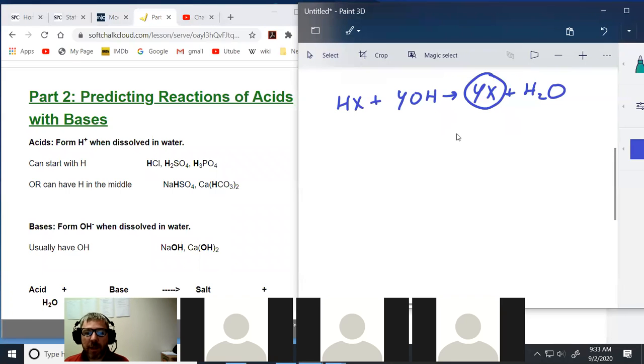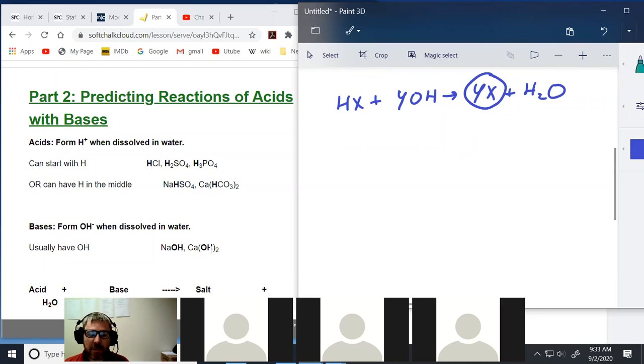So generally speaking, we're dealing with things that have H at the start of them as H+. Sometimes the H is in the middle of the compound like this, NaHSO4, CaH, CO32. And bases have OH in them, like NaOH and CaOH2.